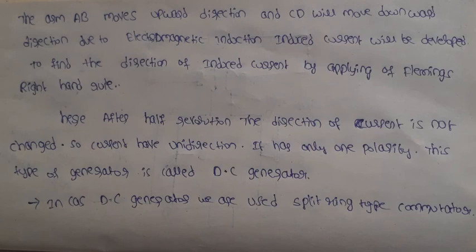Depending on the current required, we use such a generator. To produce alternating current, we use the AC generator. To produce direct current, we use the DC generator. But one thing: AC current is not possible to store, but direct current is possible to store in batteries. That is one more point about alternating and direct current.